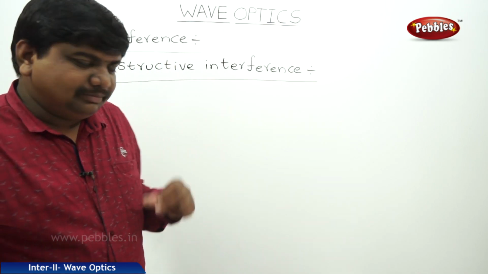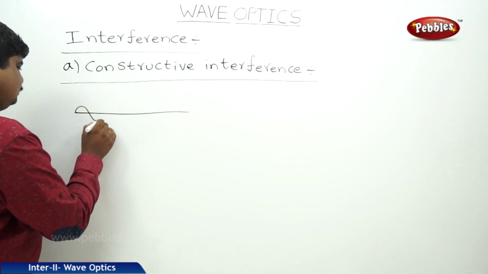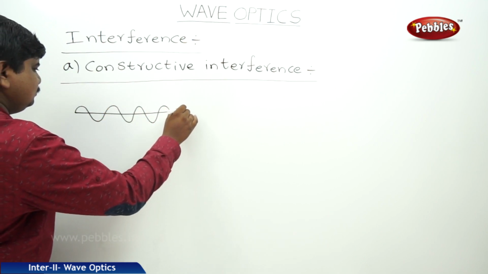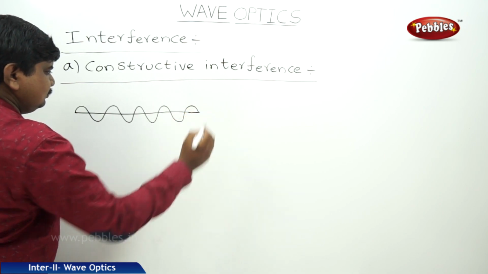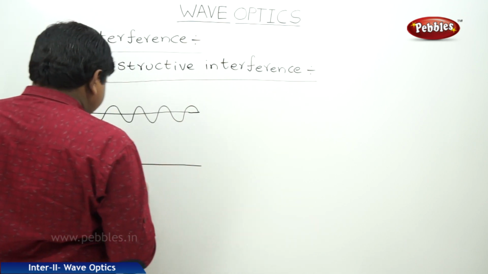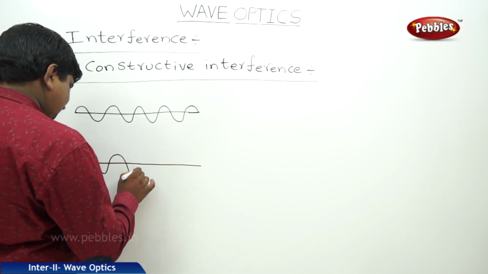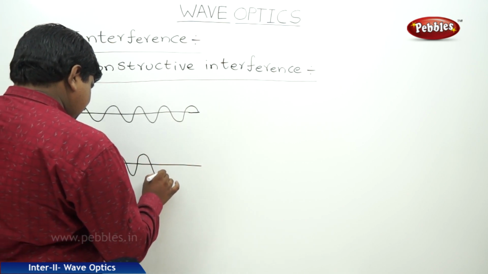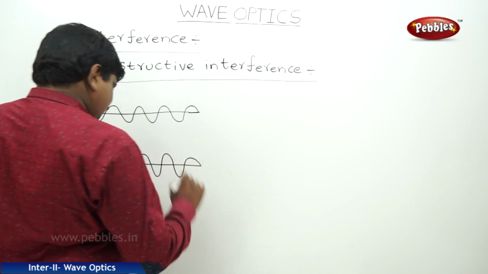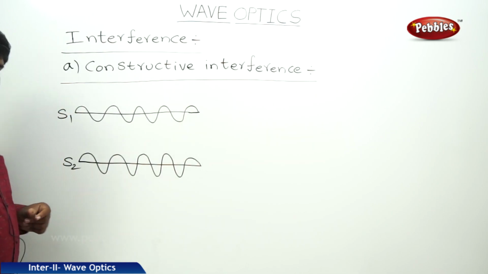So, what is the meaning of that? Let us consider two waves. This is one wave, this is the another wave. This is from source 1, this is from source 2.